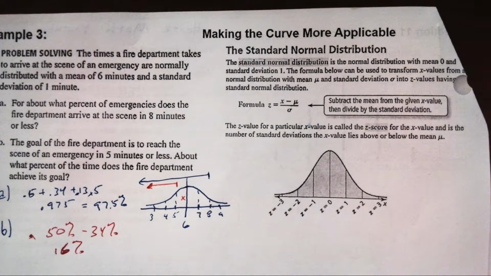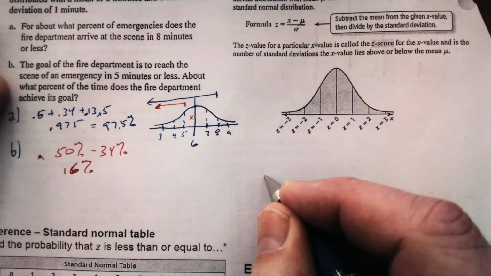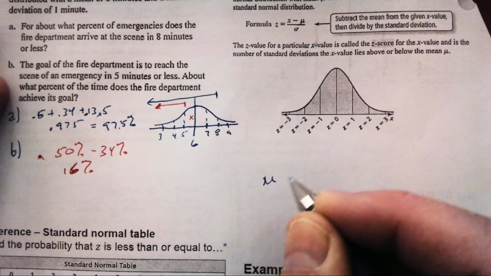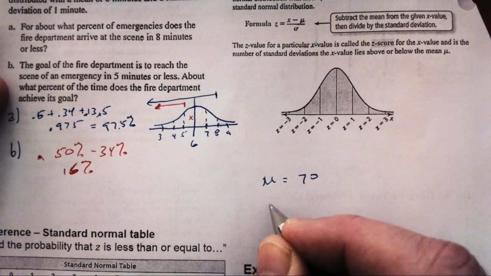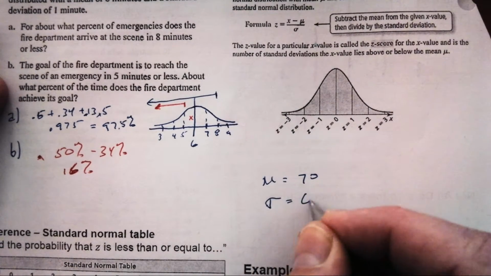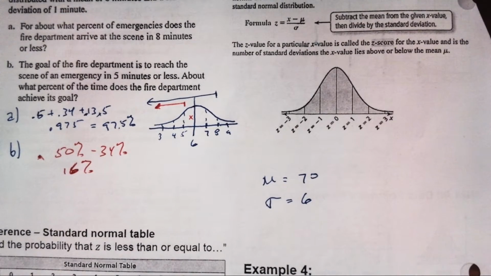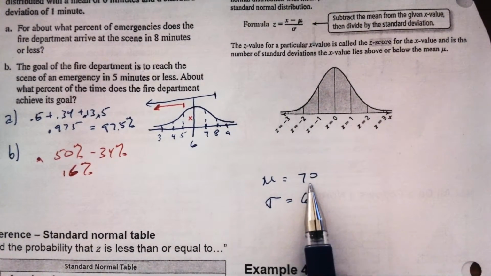Okay, why does this work? Let's consider for a second that we have a mean score of 70, for instance, and let's say our standard deviation is 6. So if we're 6 units out, we're 1 standard deviation. 12 units away from 70, 12 steps away, we're 2 standard deviations.